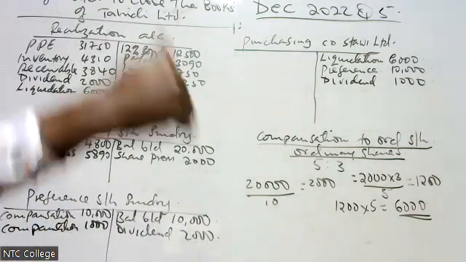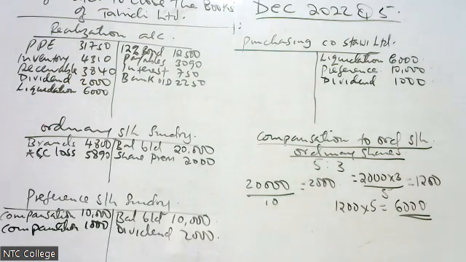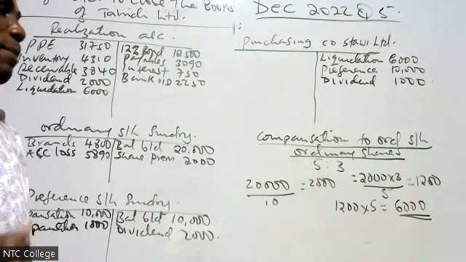The moment we cross over, we are going to add another shillings 5 to make our shares fully paid, which means we shall add the same amount of 6,000.